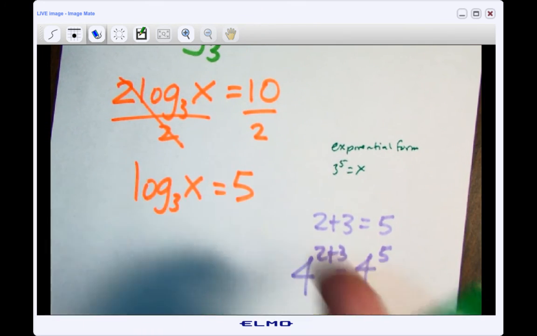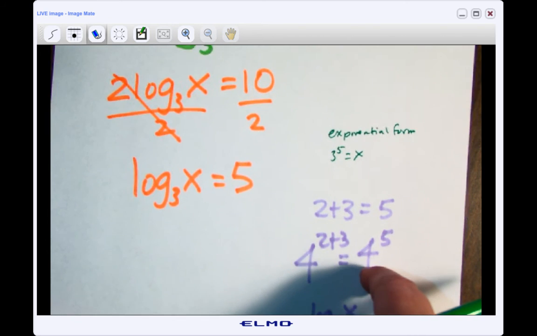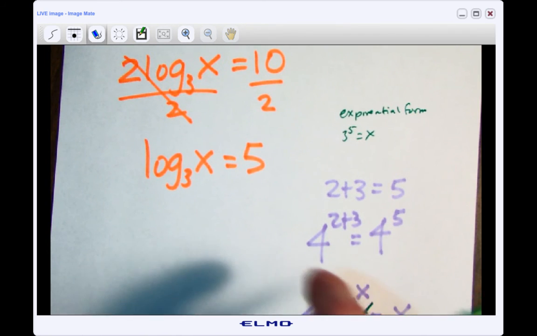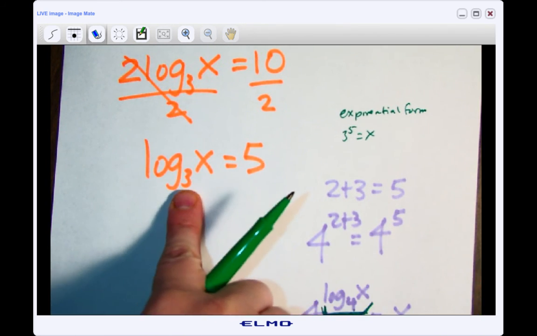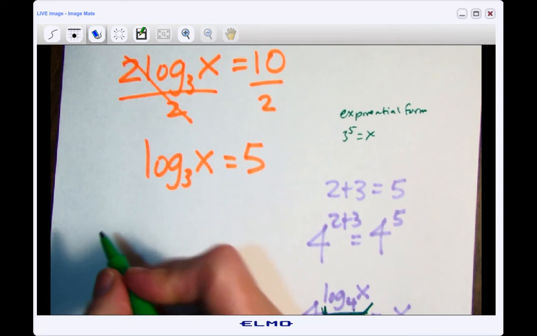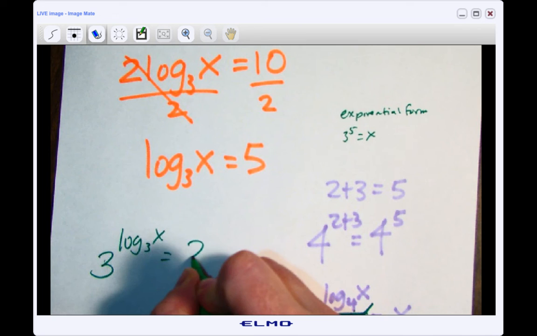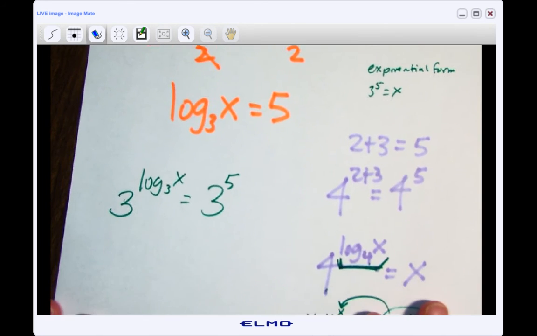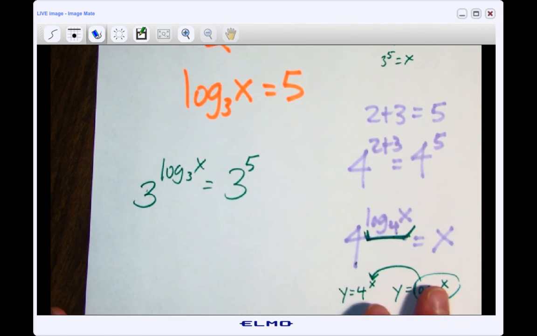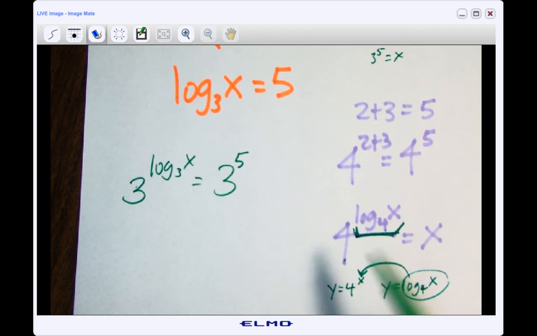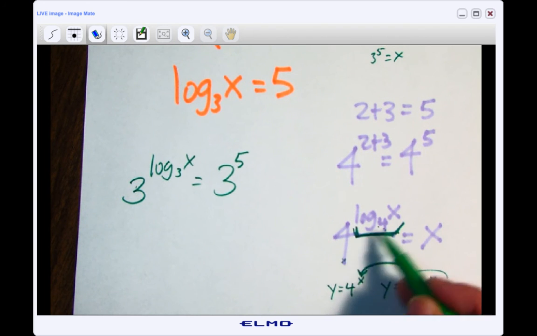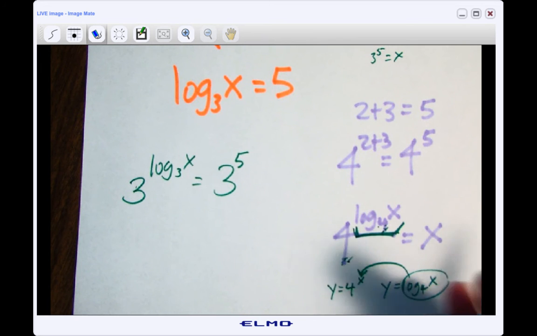I'm going to use that same idea here. I'm going to actually use the base 3 though, because base 4 isn't going to help me here because this is a base 3. So if I want it to be inverse functions, I'm actually going to stick a 3 on the bottom here. Okay? Why did I do that? Because now I know, just like here where we had the same base, these guys are going to undo each other.